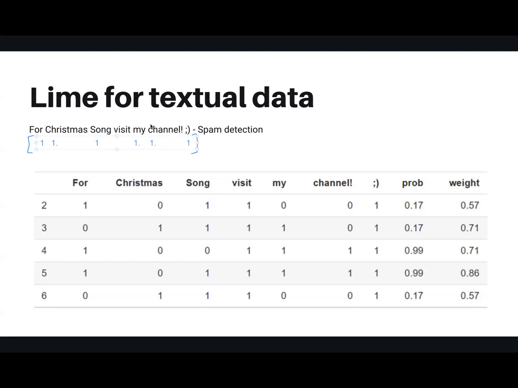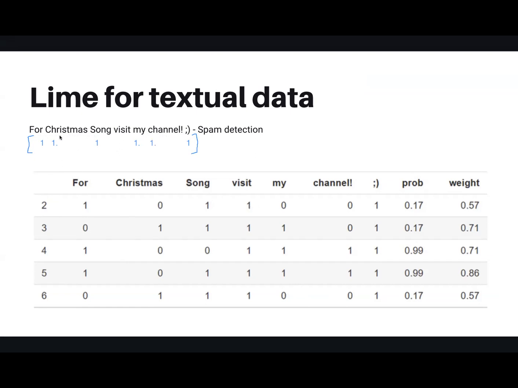Imagine that we are representing this input as just a number of ones, because we're trying to train a linear regression, and linear regression does not understand the word for, or the word Christmas, but it does understand numbers. So we're going to represent this as 1, 1, 1, 1, 1, 1, 1, and generate a new data set based on exactly what your friend has said by perturbing these numbers.